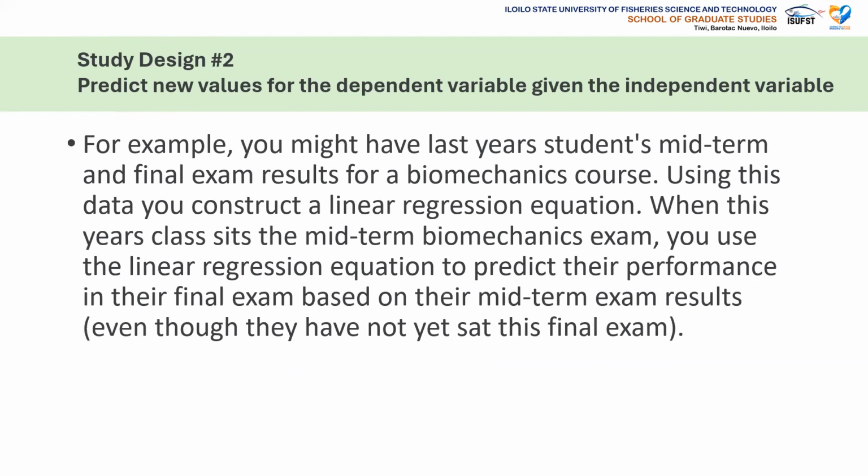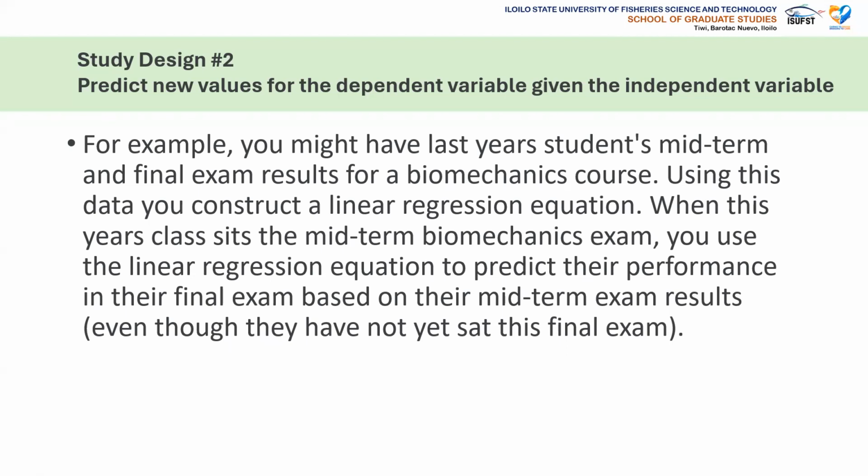The second one, predict new values for the dependent variable. For example, you might have last year's students' midterm and final exam results for a biomechanics course. Using this data, you construct a linear regression equation. When this year's class takes the midterm biomechanics exam, you use the linear regression equation to predict their performance in the final exam based on the midterm exam.